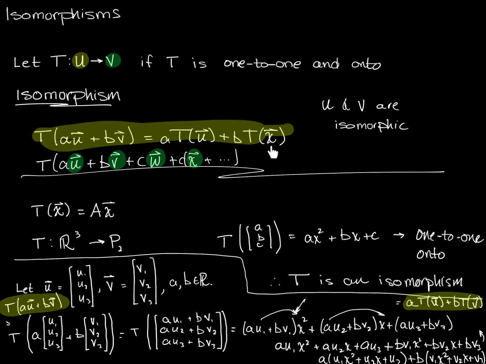So once you've plugged a couple of vectors in and checked whether the transformation, the way I did down here, preserves linear combinations, if I was checking to see whether this was an isomorphism, I should check this first, and if that fails, then I know it's not an isomorphism.